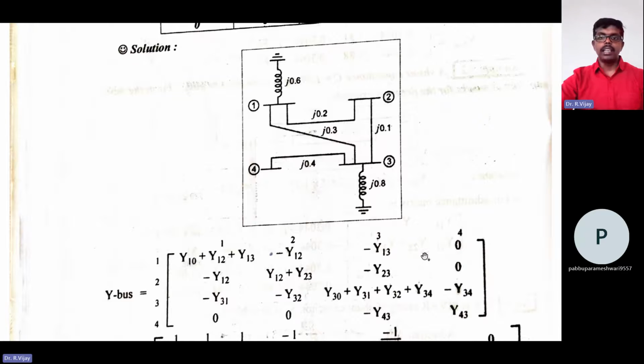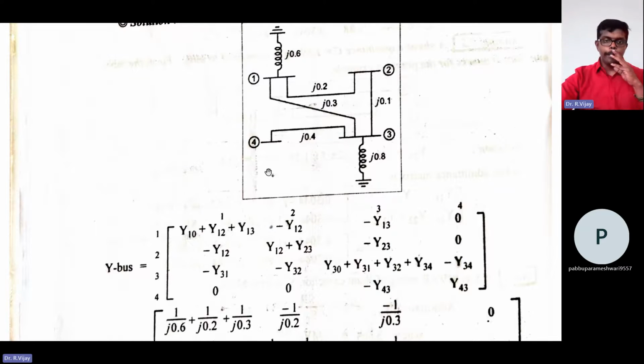Y14 you can also write as minus of Y14, but the value is 0 because there is no connection between 1 and 4.